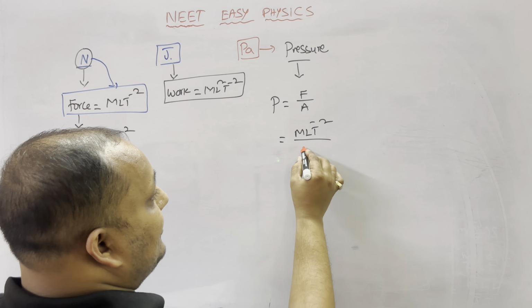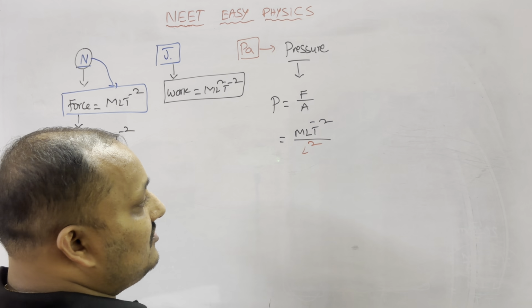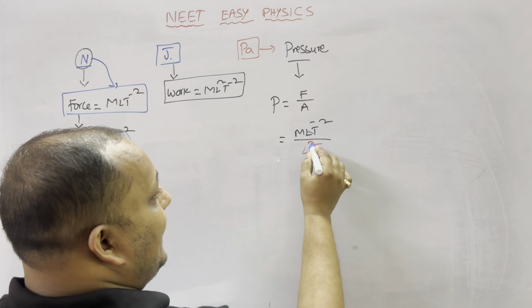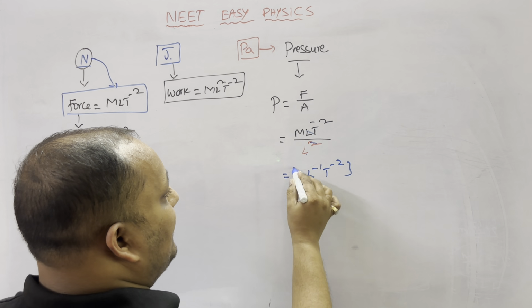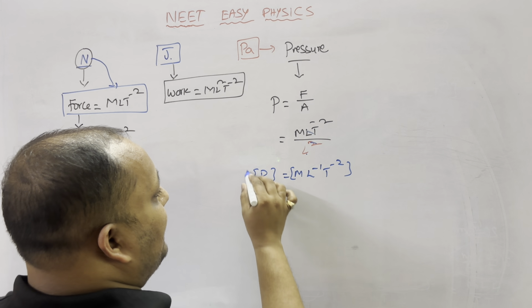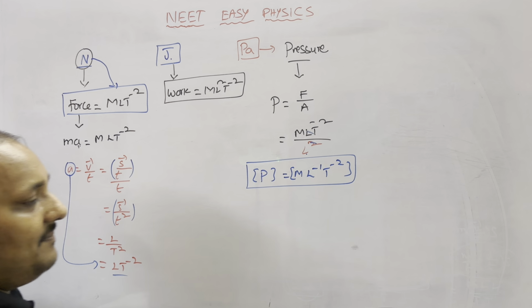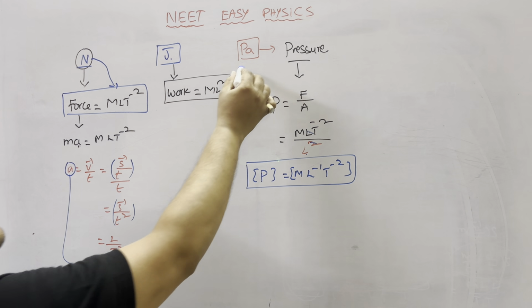Area is length into breadth, therefore L square. So one L will be cancelled, and we get M L power minus 1 T power minus 2. This is going to be pressure. This is the pressure dimension formula, written according to the unit.